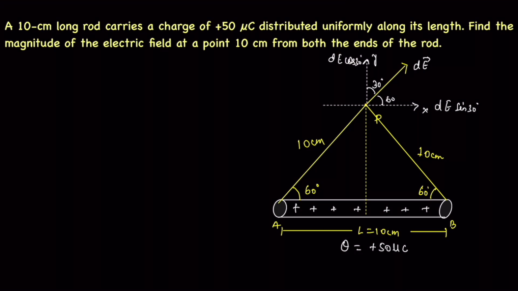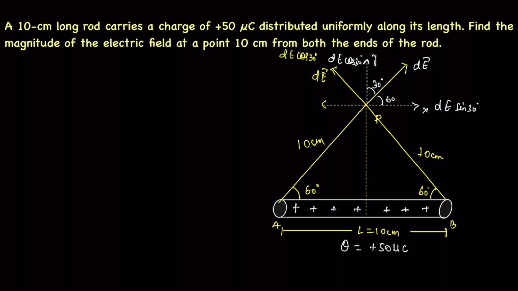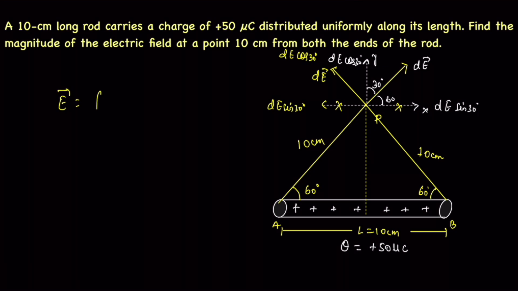Similarly, if we consider point B, the electric field is here, this is dE, and if we make the components, we find this is dE cos 30 degree, and down we can write it as dE sin 30 degree. So these two components get cancelled. So from here we can say that the total electric field is the integration of dE cos θ.